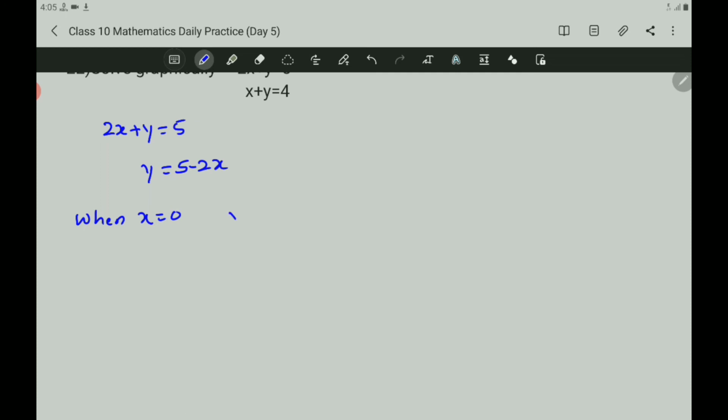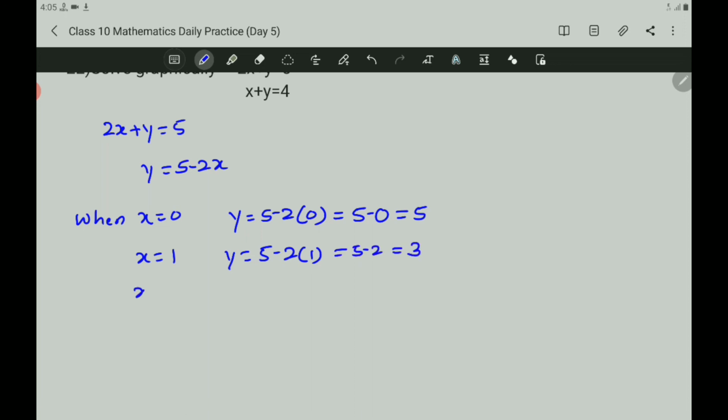So you write when x equals 0, then y equals 5 minus 2 into 0. In the place of x, you write 0 because here it is 5 minus 2x. That equals 5 minus 0, which is 5. Then when x equals 1, y equals 5 minus 2 into 1, that is 5 minus 2, 3. When x equals 2, y equals 5 minus 2 into 2, that is 5 minus 4 equals 1.